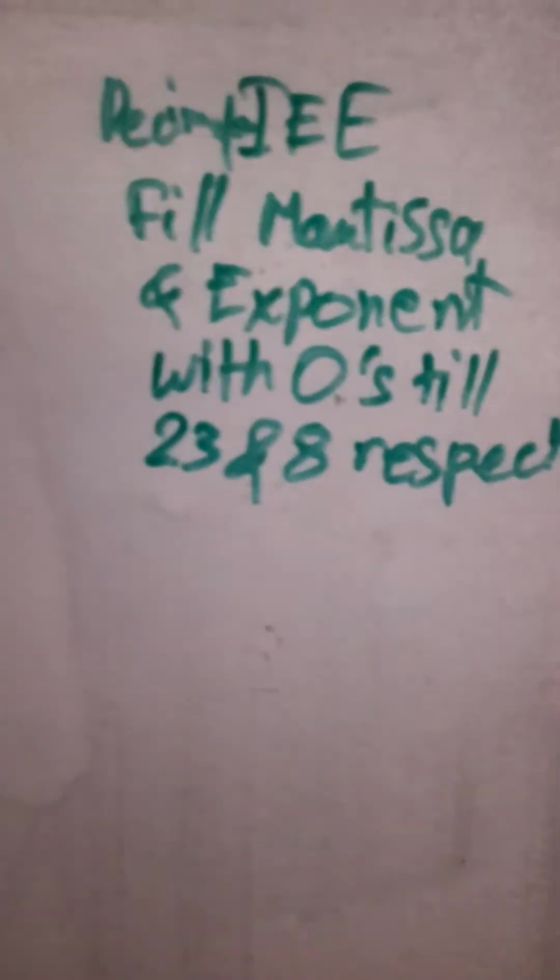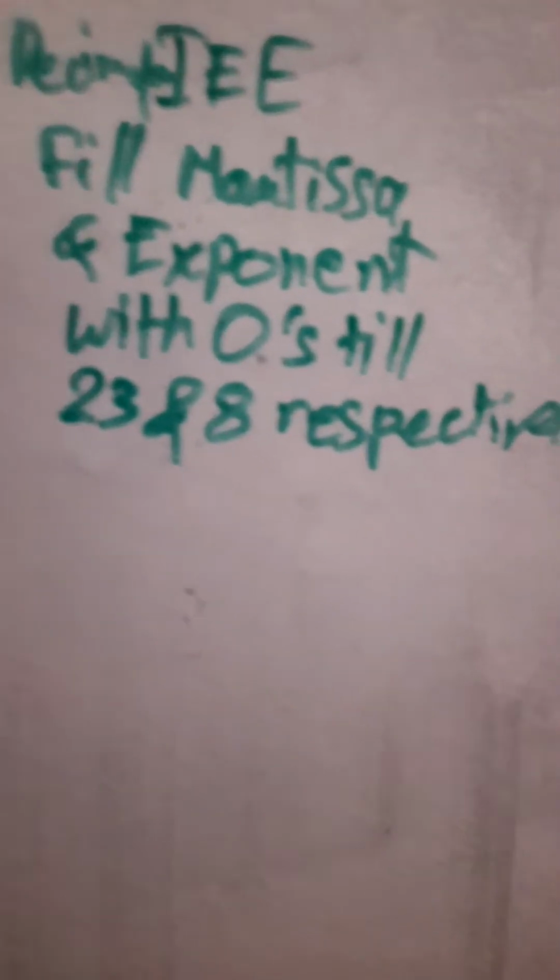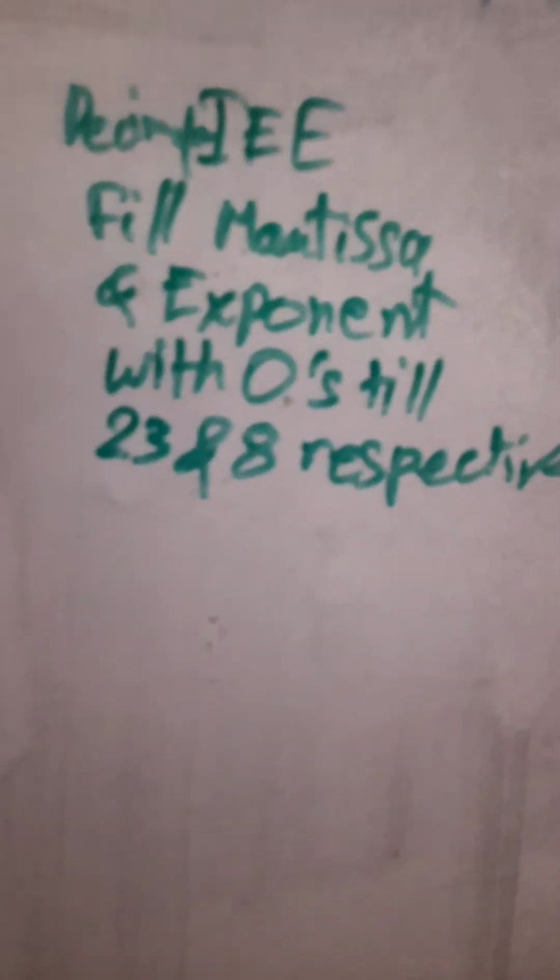So the steps are the same for single and double precision. The only difference would come for single and double precision, like I told you in the table: mantissa would change, exponent would change, and bias would change.